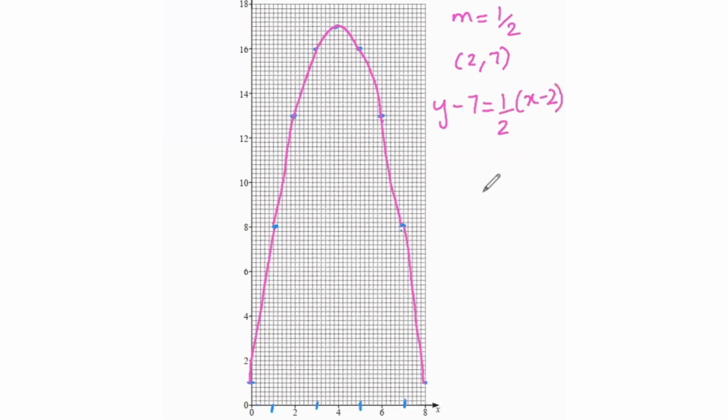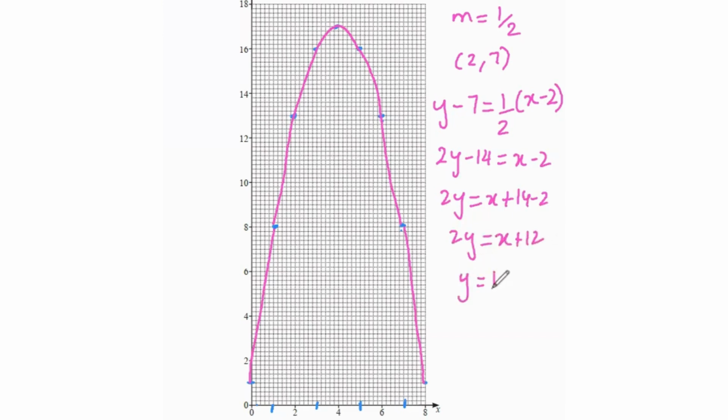So 2y minus 14 equals x minus 2. 2y equals x plus 14 minus 2. 2y is x plus 12. So y is 1 over 2 x plus 6.